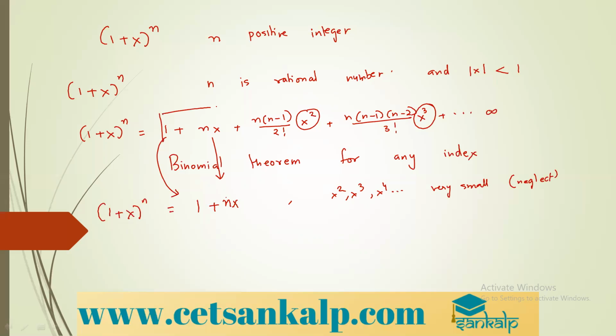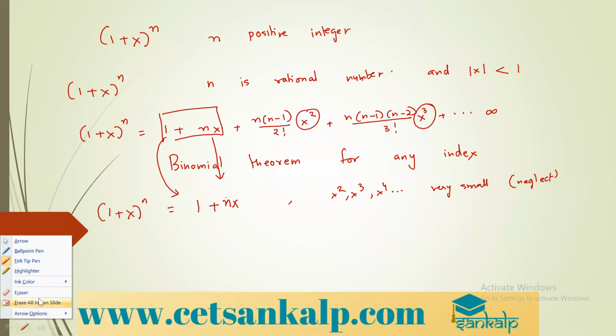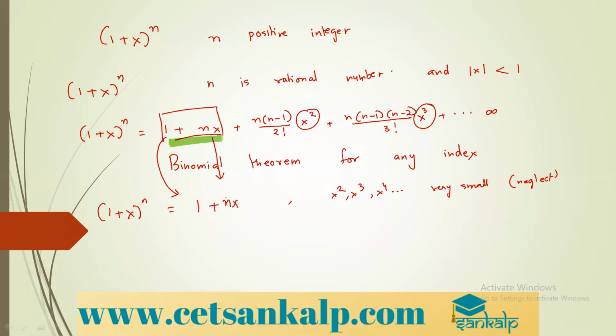You can just write the first two terms only and neglect the remaining. But this is only when the power n is any index.